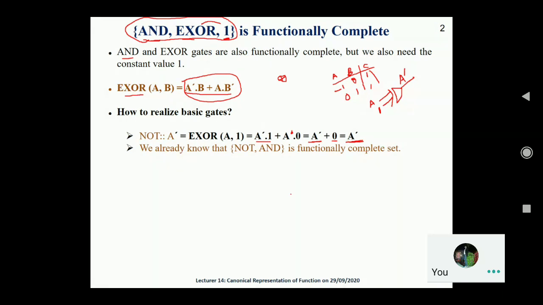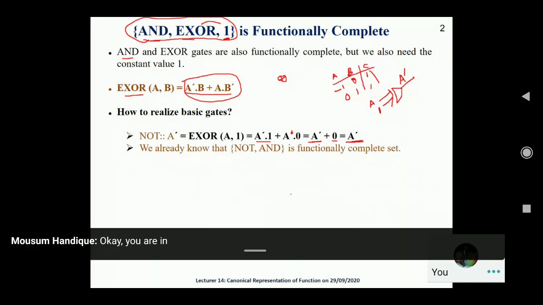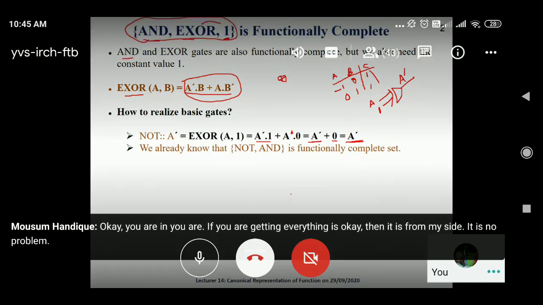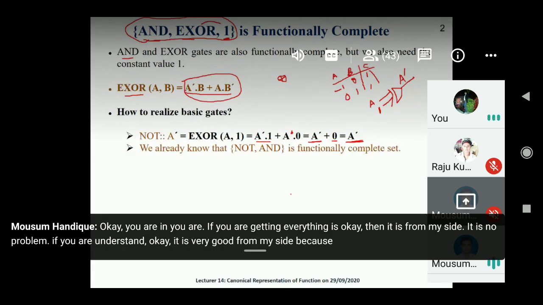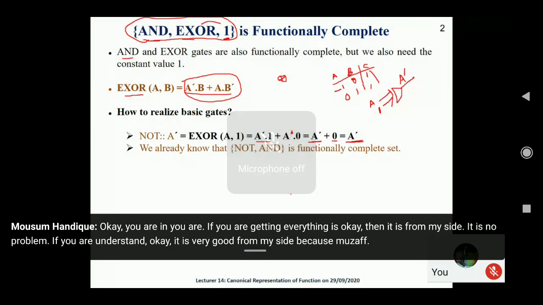Okay, if you are getting everything, it is okay from my side, it is no problem. If you understand, okay, it is very good from my side, because मुझे अच्छा लगेगा कि आप लोग को समझ में आ रहा है, because without any question you are saying yes sir, it is okay, very good.